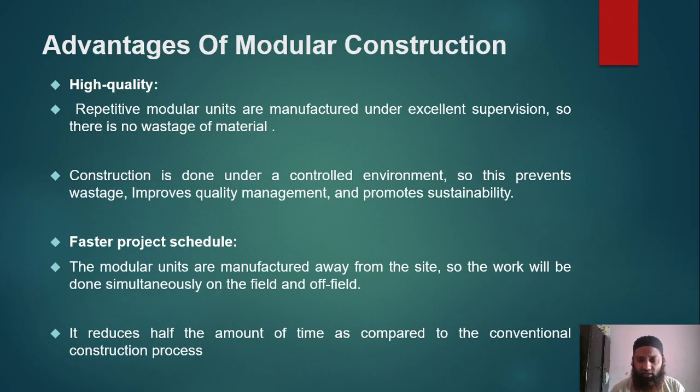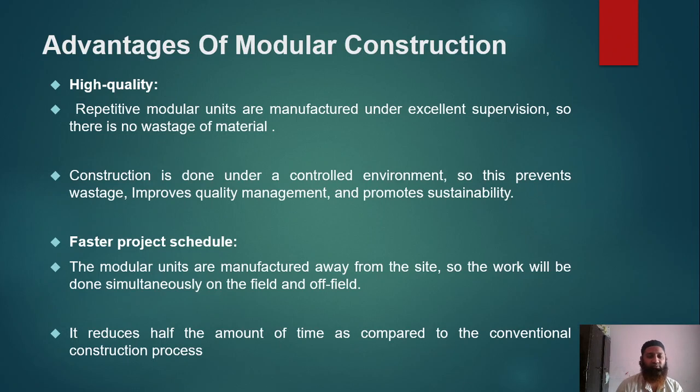Construction is done under a controlled environment, so this prevents wastage, improves quality management and promotes sustainability. Because it is done under a controlled environment, the elements are controlled and cast as we require, as per the guidelines. So it improves quality also.